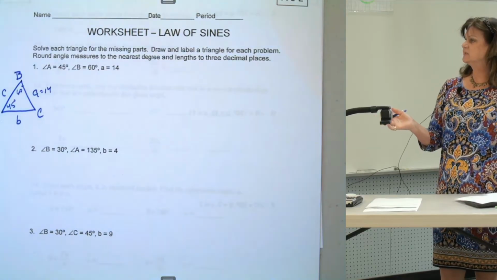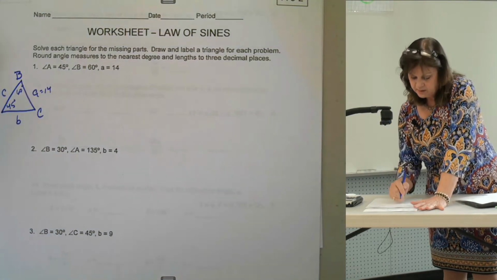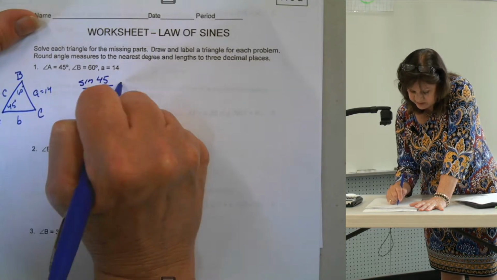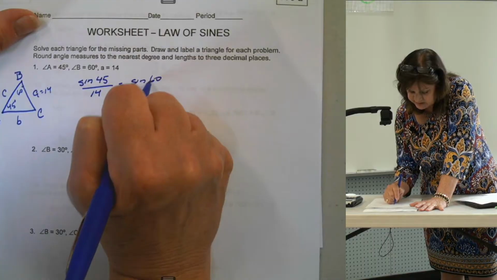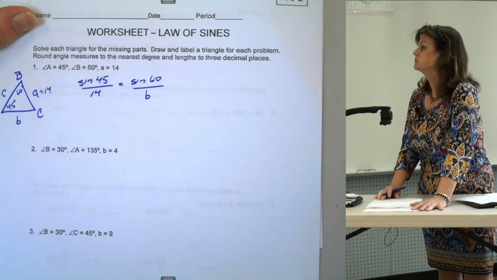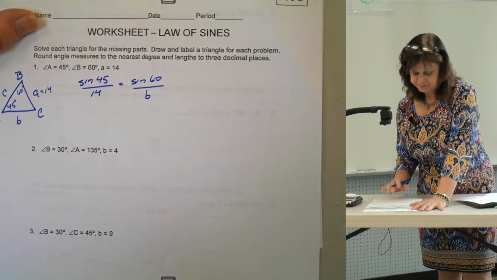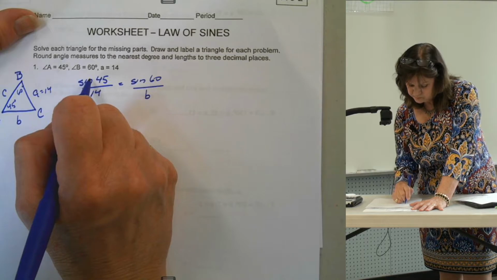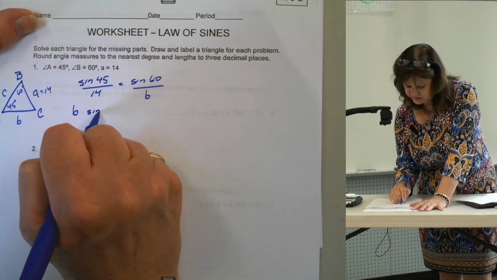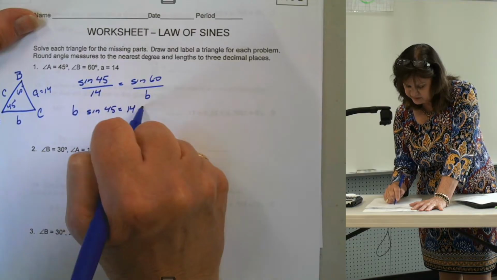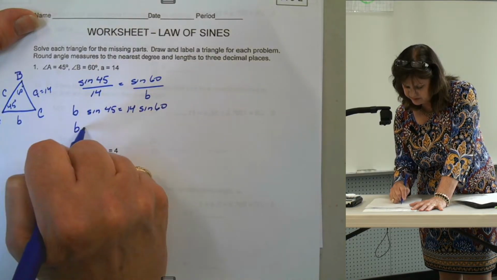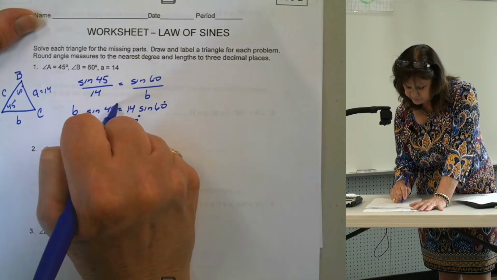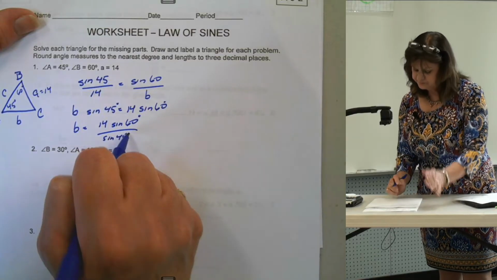So I've got a complete set with side and angle A. So sine 45 over 14 equals sine 60 over length B. B sine 45 equals 14 sine 60, so B equals 14 sine 60 over sine 45.